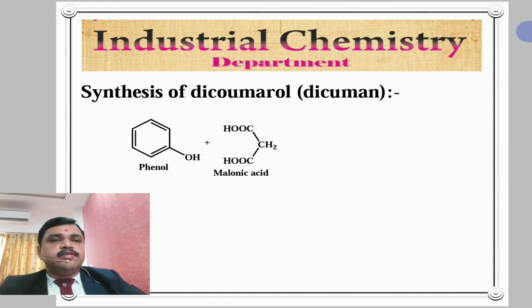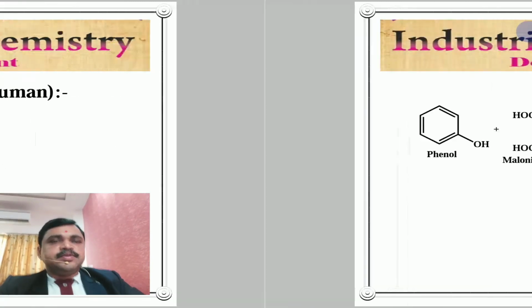Dicumarol is also known as dicuman, and it is synthesized from 2 compounds. One is phenol and the second is malonic acid. The structures of phenol and malonic acid are shown here.